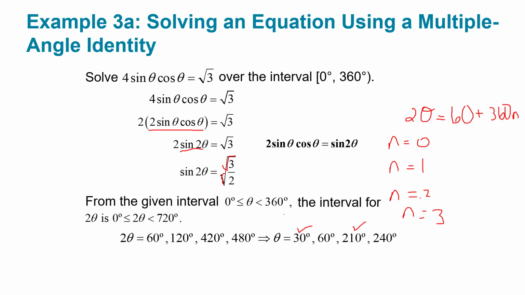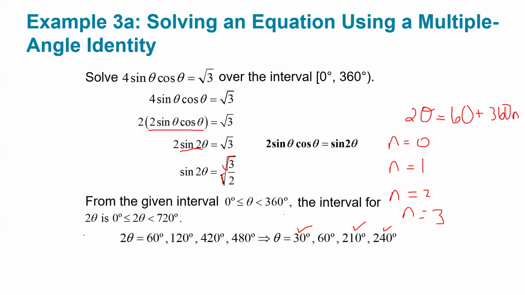And then we're going to let n equal 2. So that's 720. 720 plus 60 is 780. 780 divided by 2 gives us 240.